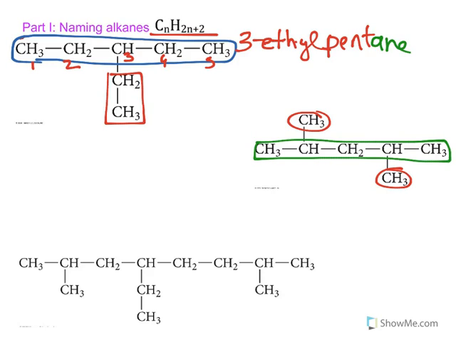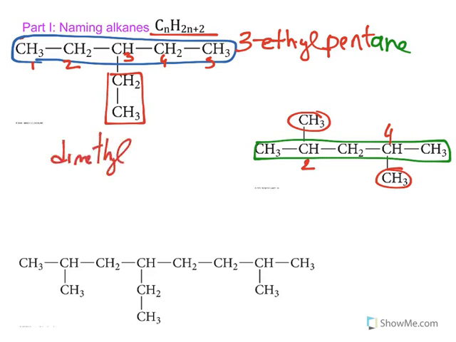So if I number from the left or the right, the substituents either way are going to take numbers 2 and 4. Now, if there are 2 or more of the same substituents, we will use the prefixes. So here the substituents are methyl groups made up of 1 carbon.